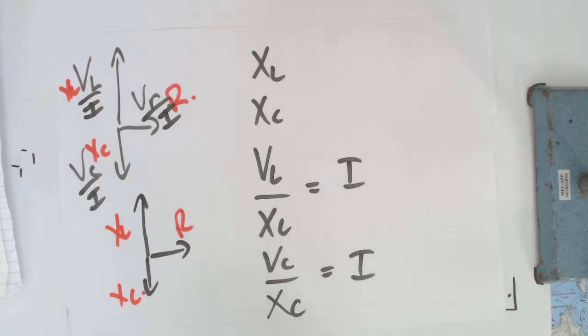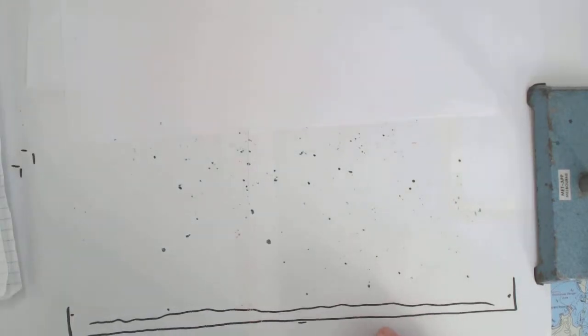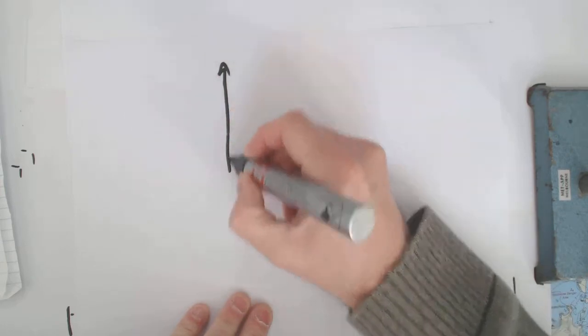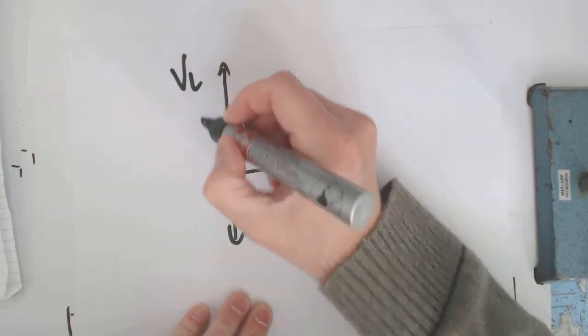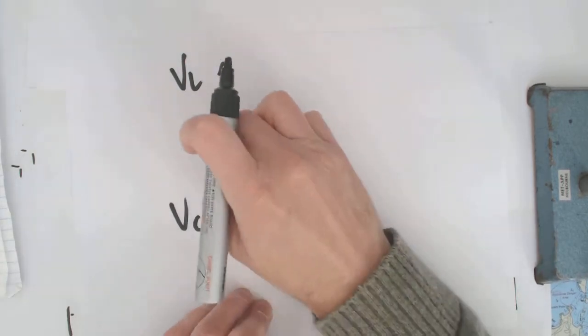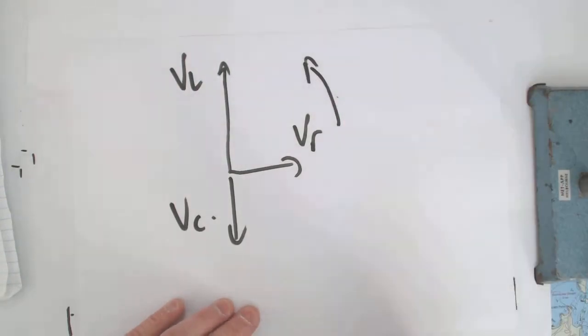I don't like it because phasors represent quantities that are changing, and these are not changing. It just so happens that you can add them up vectorially like this, but they're not really changing. The other thing that you'll notice sometimes, which I also don't like, is when you do this phasor diagram normally, and this is your VR, this is your VL, and this is your VC, these should be peak values because this is a phasor diagram.